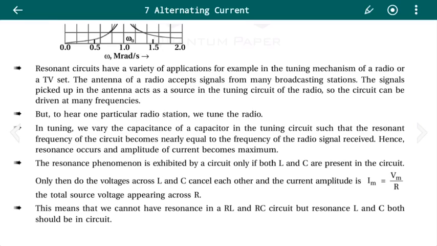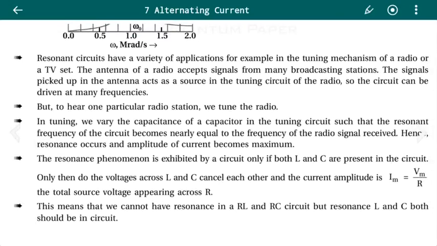The resonance phenomenon is exhibited by a circuit only if both L and C are present in the circuit, because this LC circuit is also termed as the oscillator circuit or the tuned circuit, which is used to tune the particular frequency.